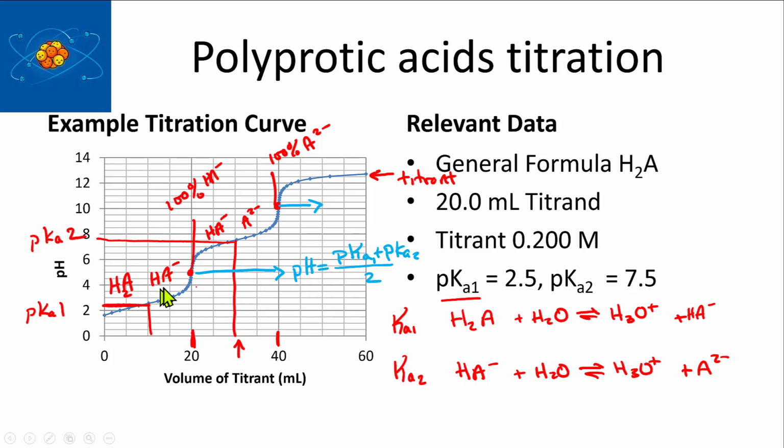That's going to be your pH for your first equivalence point. And your second one we can estimate based on the titrant and the second midpoint. So this is going to be pKa2 plus pH of the titrant divided by 2. And that's a pretty good estimation of where that color change will be.